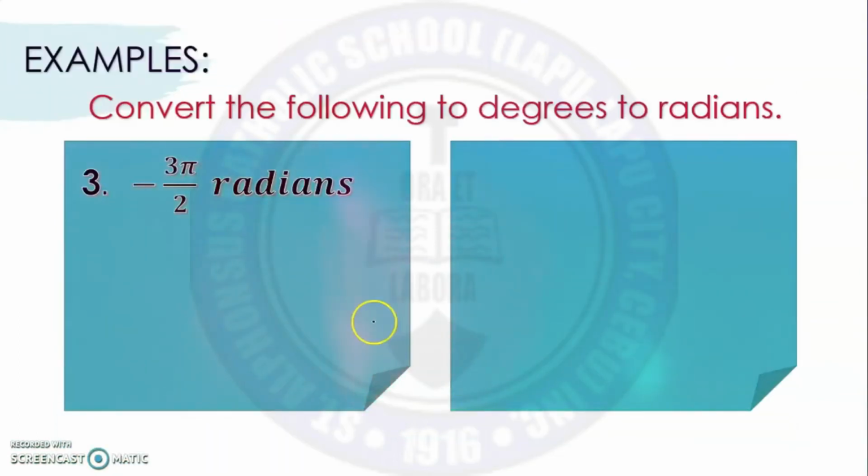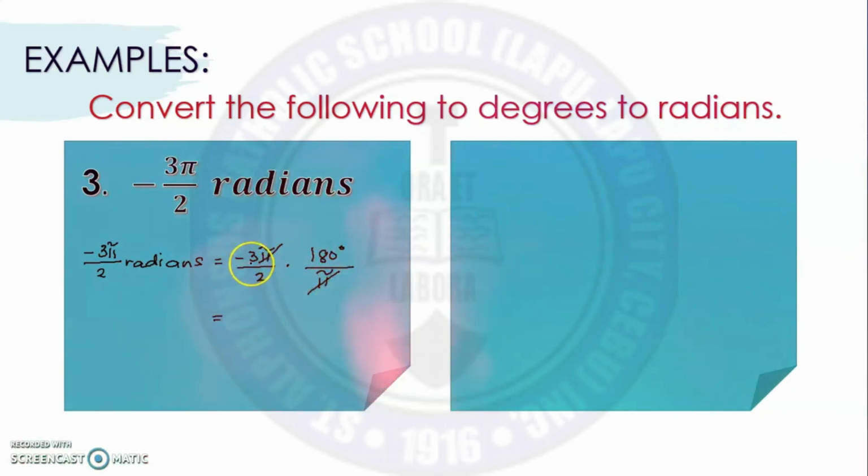Number 3. What if it will become negative, like negative 3 pi over 2 radians? So we are just going to follow the format that we gave you, class. So copy the given, then it will become negative 3 pi over 2 times 180 degrees over pi. And I want you to cancel out the pi there.